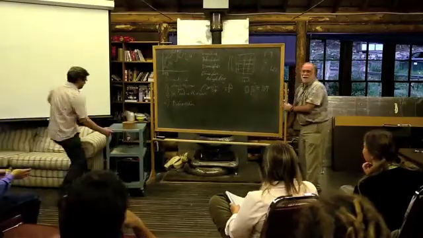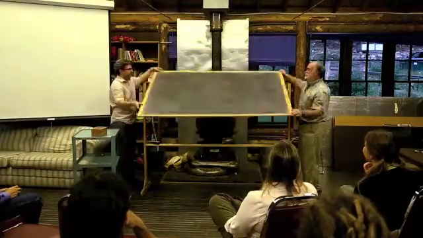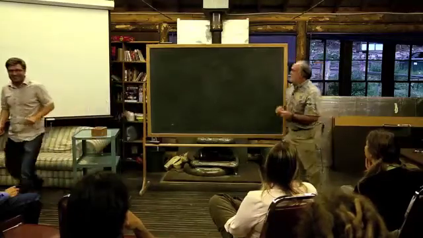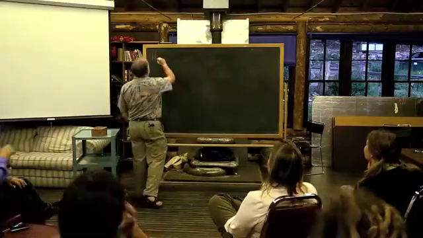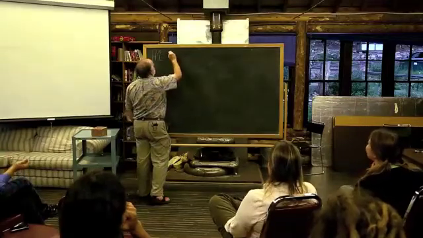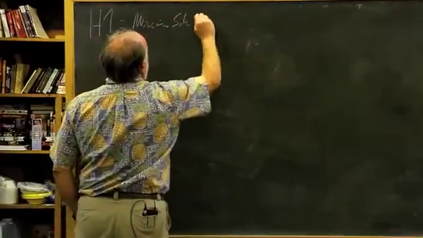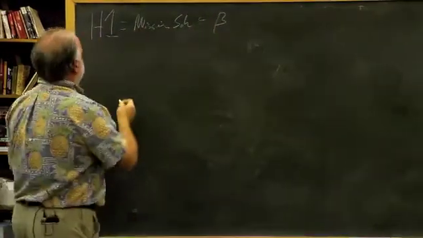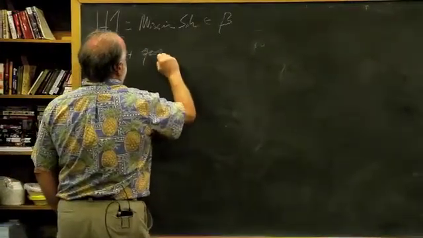And so now we get to do this annual ritual of the chalkboard flip. Okay, so now we can be like real ecologists, and we can say H1 is that the missing sink is due to the beta factor, to CO2 fertilization, and the test is the geographic distribution, right?